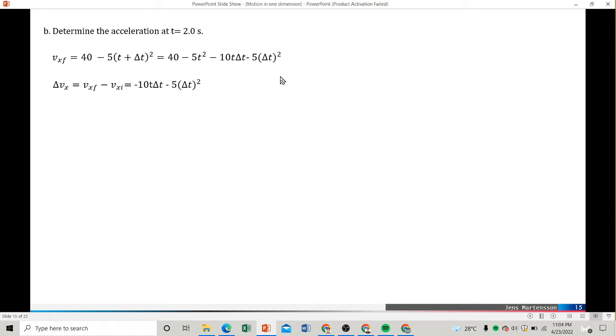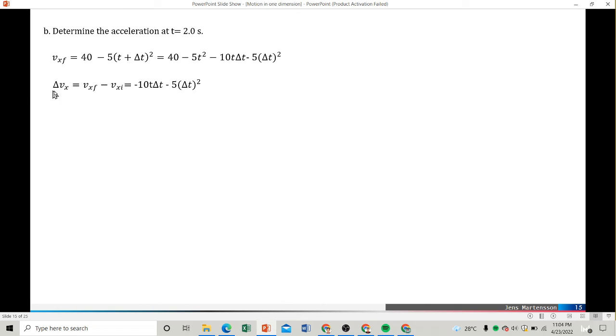If we calculate the delta Vx, which is the final velocity minus the initial velocity, since Vxi is only in terms of 40 minus 5t squared, when we subtract, the 40 minus 5t squared cancels out. So what remains is negative 10t change in t minus 5 change in t squared.